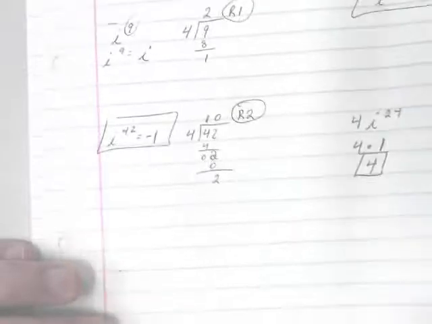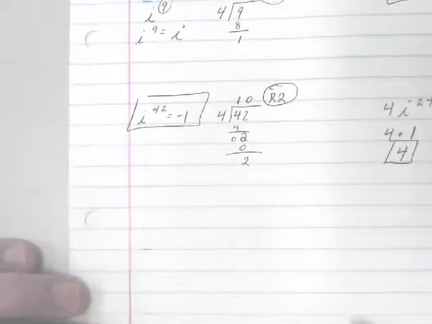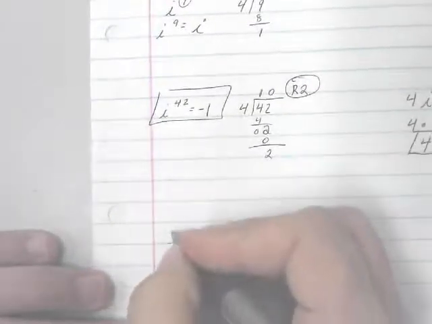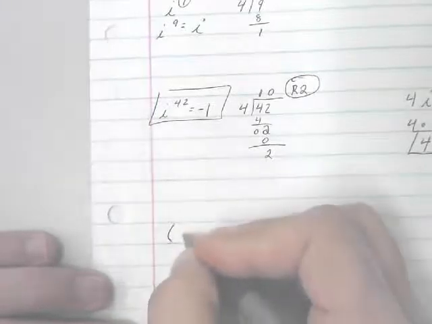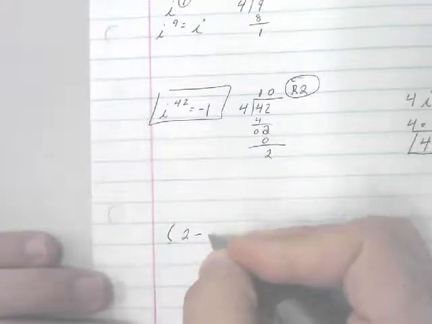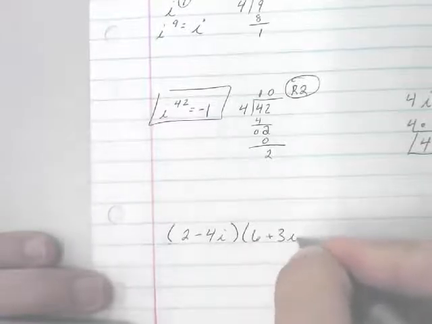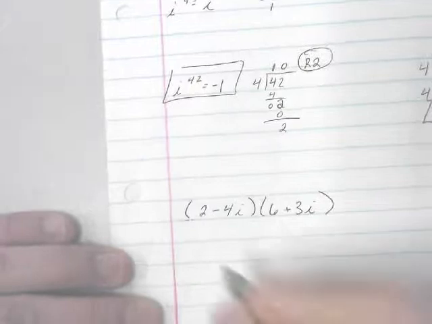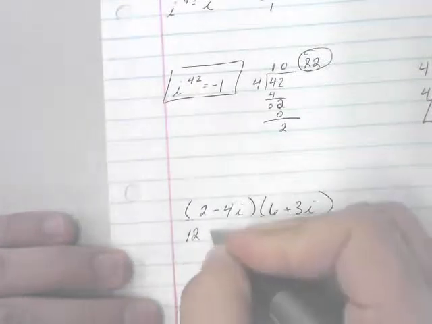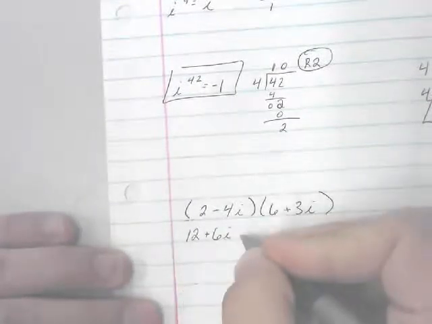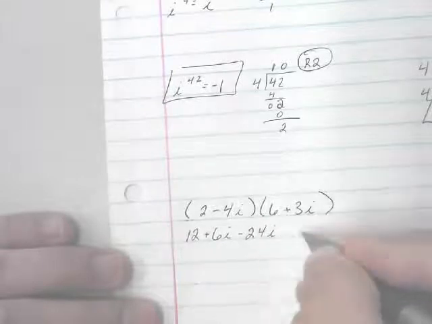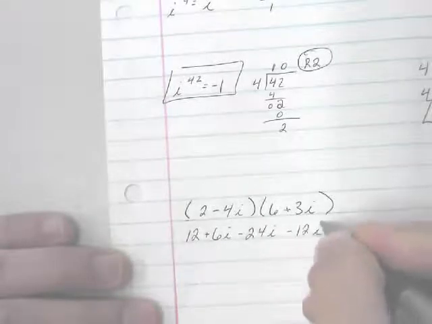Now, because of this property, we can then sometimes multiply complex numbers. 2 minus 4i times 6 plus 3i. I'm going to FOIL it like normal: 12 plus 6i minus 24i minus 12i squared.